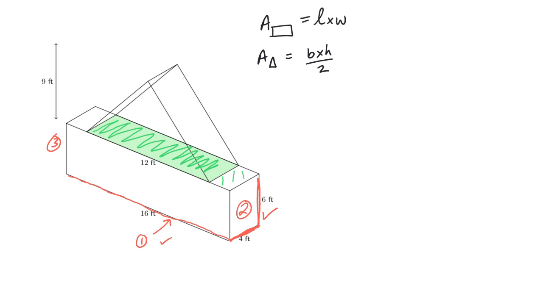So what I can do is, taking a look here, the top of this rectangle is the same as the bottom, minus the bit that's covered by the triangle.